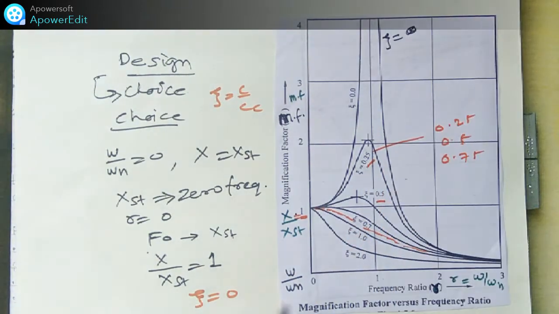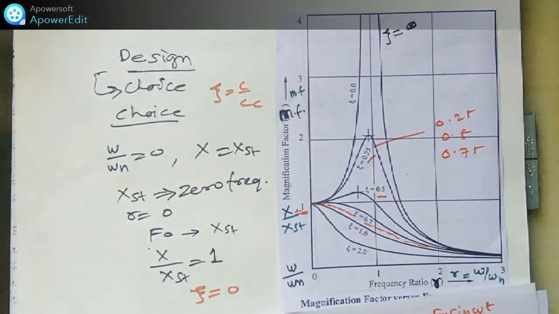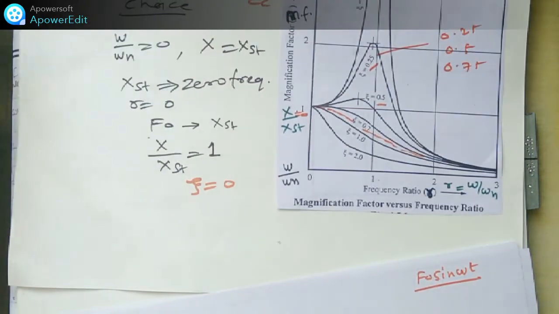We want to know what the peak frequency is. How can we find the value of the peak frequency?